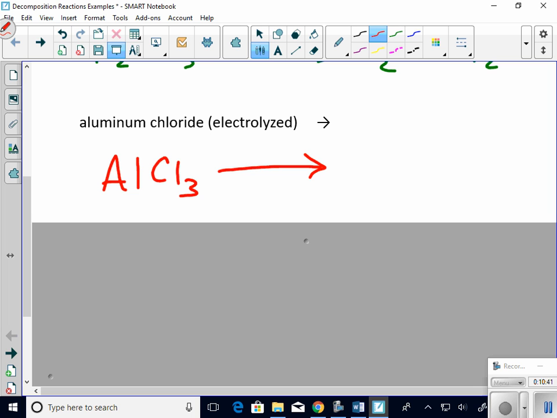Electrolyzed. Do you remember what I told you electrolyzed was? That little wavy line. Now, what are my two elements? Aluminum and chlorine, right? Am I done?